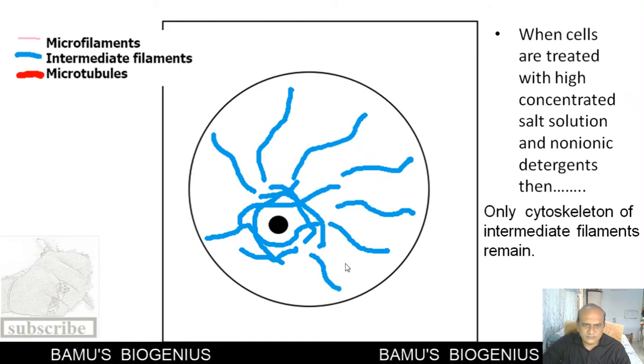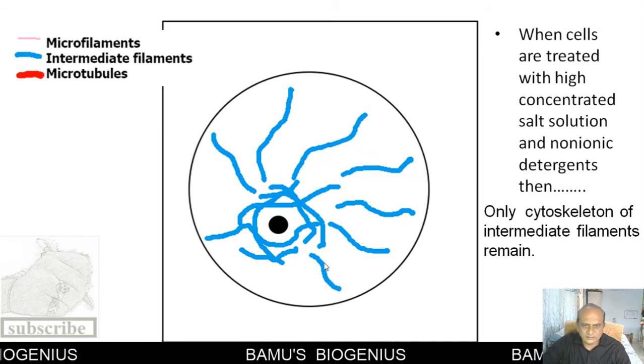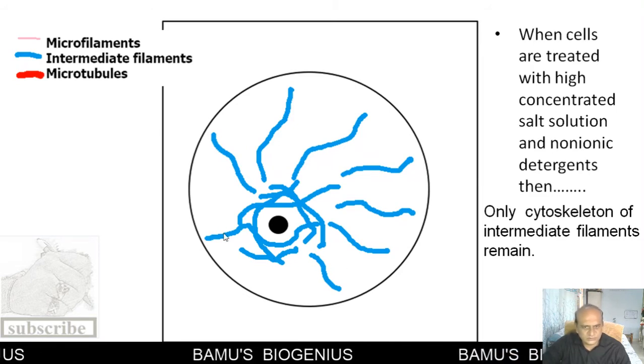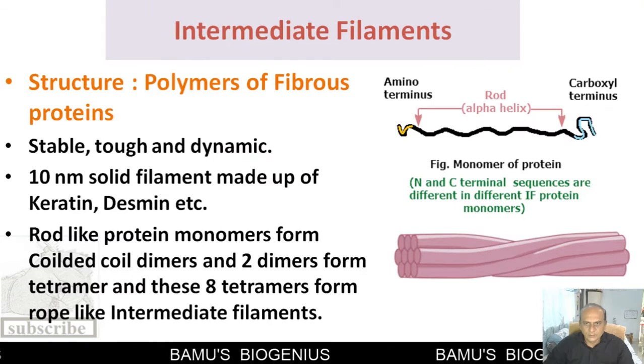So initially the intermediate filament was considered the cytoskeleton, but later on, as the research progressed, microfilaments and microtubules were also discovered. So this is what intermediate filaments are.